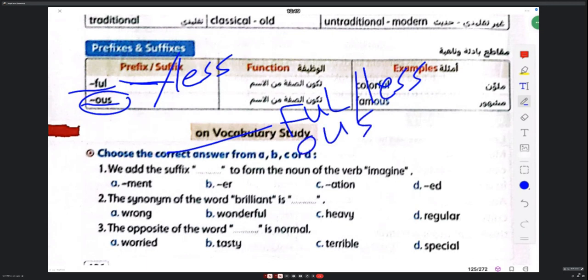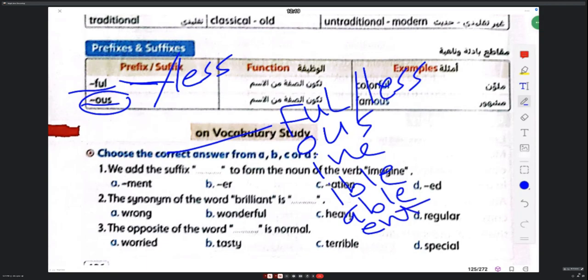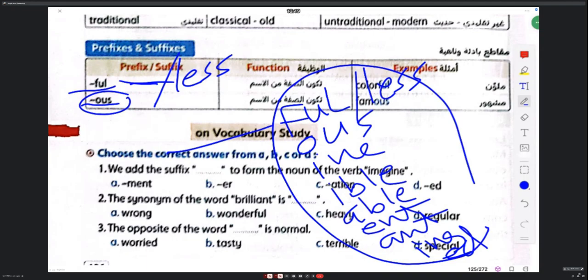Ous, ive, able, ible, ent, ant, ing, ed, all these suffixes for adjectives. Adjectives sometimes end in these suffixes.